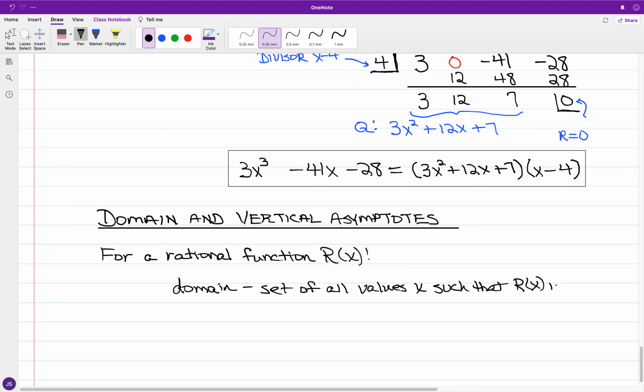In other words, defined as being a real number. Now where we have vertical asymptotes. Okay, now for a vertical asymptote, that is going to be a vertical boundary line.